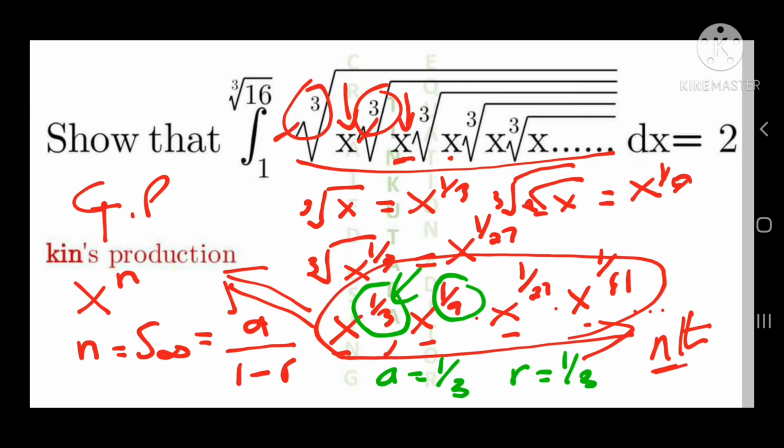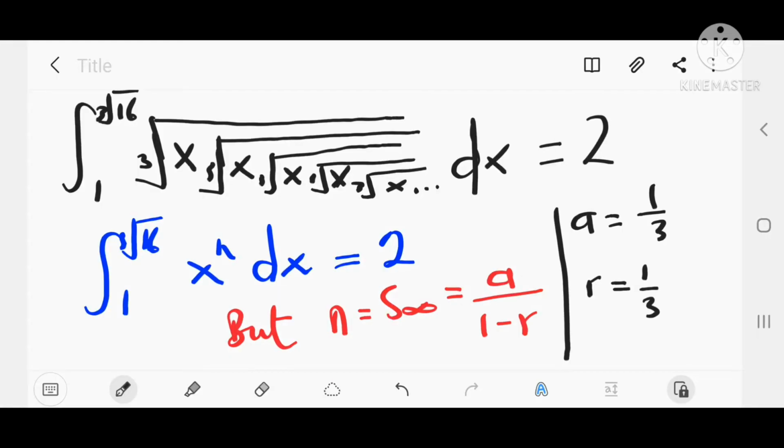Remember we said that a equals 1 on 3 and r equals 1 on 3. So we substitute this in.